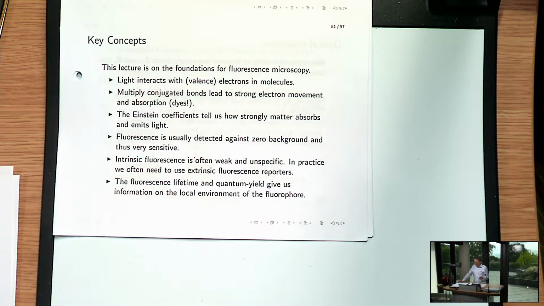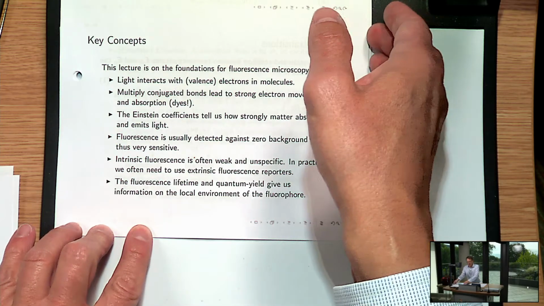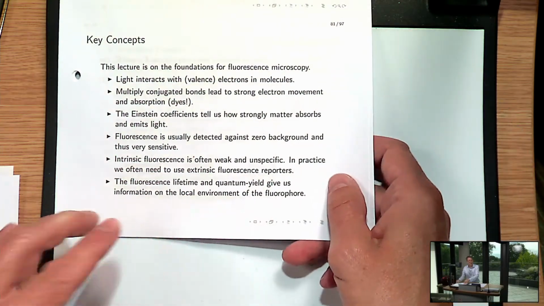So interpreting the fluorescence signal correctly, we can say something about the environment of reporter molecules, and that is very, very useful in many cases. All right, so let's jump straight in, and let's just begin by developing a few of the key concepts.